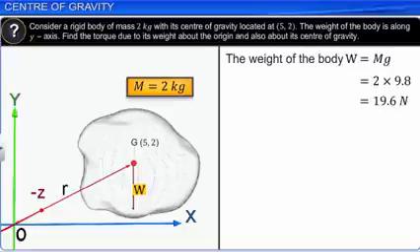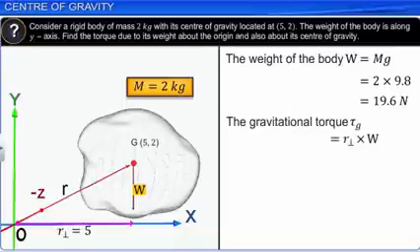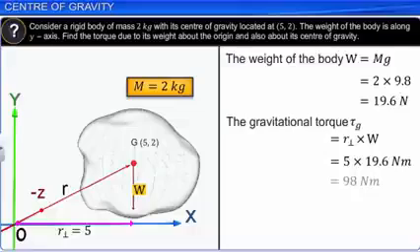The gravitational torque tau g is equal to R perpendicular into W is equal to 5 into 19.6 Newton meter is equal to 98 Newton meter and acts perpendicular to the plane of the paper and passes into it.